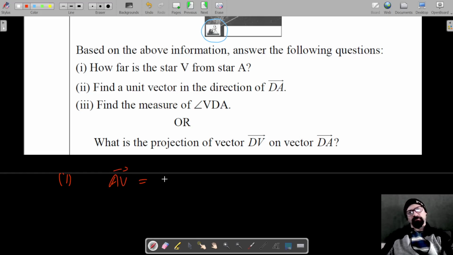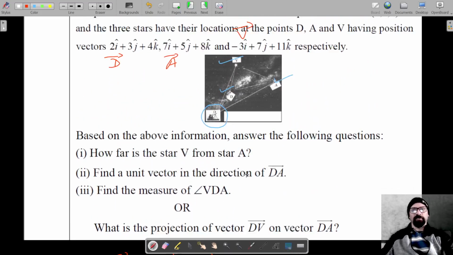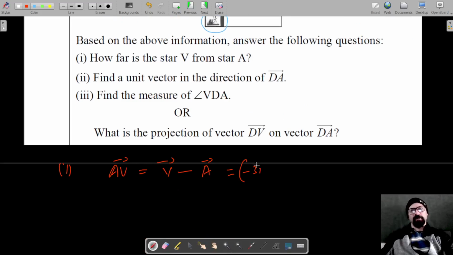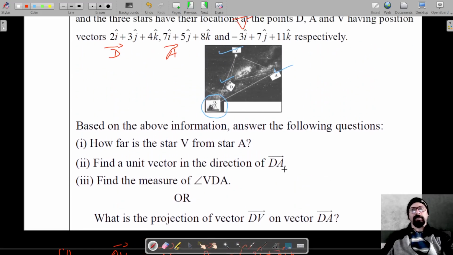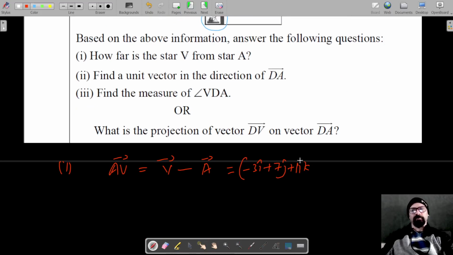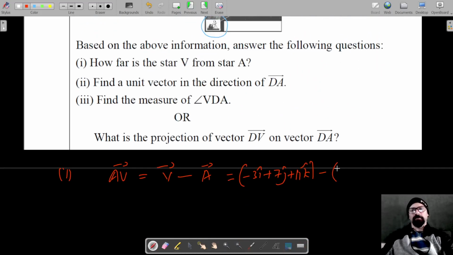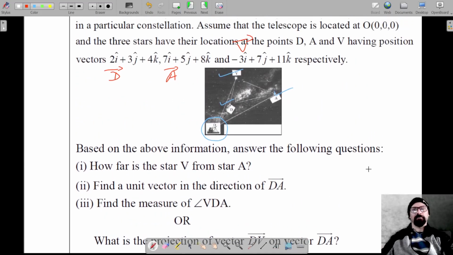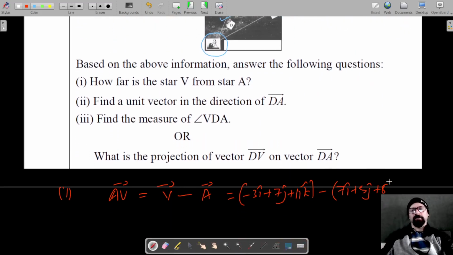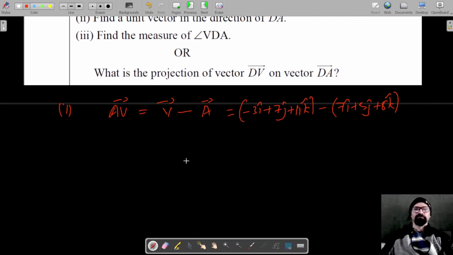So AV is equal to position vector of V minus position vector of A. Now, the position vector of V is minus 3i cap plus 7j cap plus 11k cap, minus position vector of A, which is 7i cap plus 5j cap plus 8k cap.